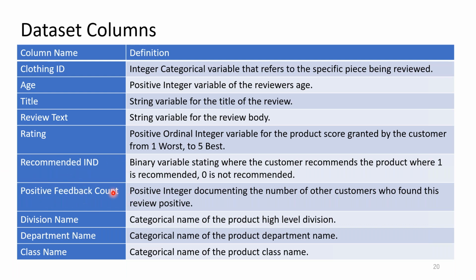Positive feedback count is a positive integer documenting the number of other customers who reviewed positively. This one is maybe important, but it does not return a good result, so I do not use it as a dependent variable but as an independent variable. Division name is a product high-level division, and there are a department name and a class name.